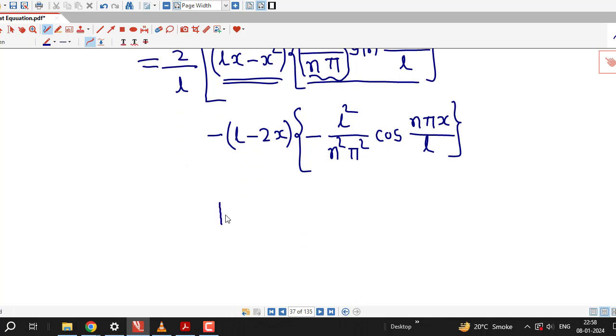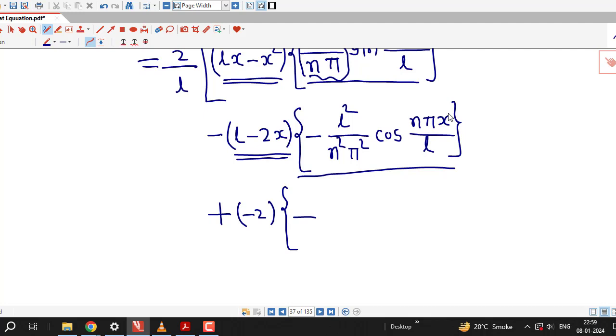and then plus sign from the formula. We are considering alternately positive and negative. Then I have to write the derivative of this bracket, which is minus 2, and again I have to integrate this bracket with respect to x. So the integral of cosine(n pi x over L) is sin(n pi x over L).